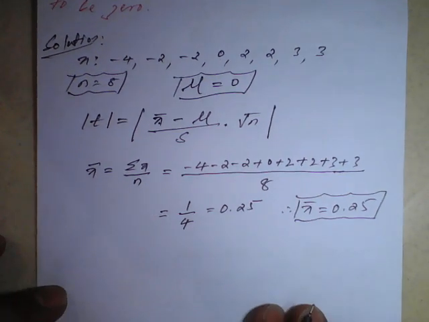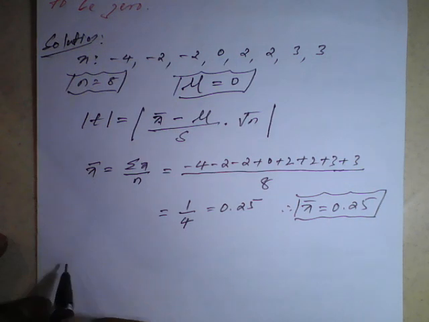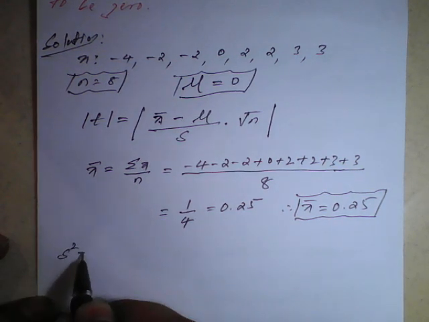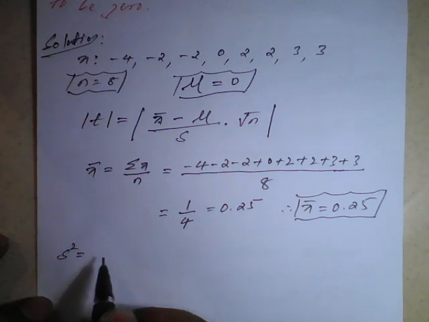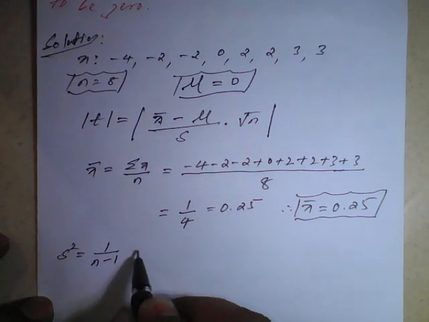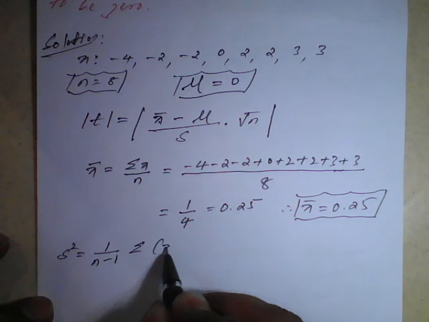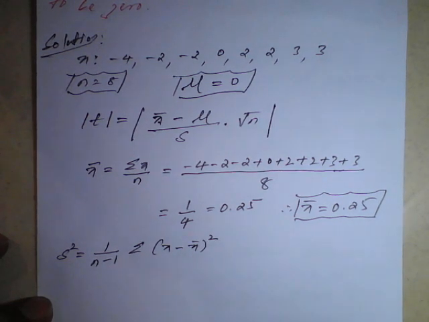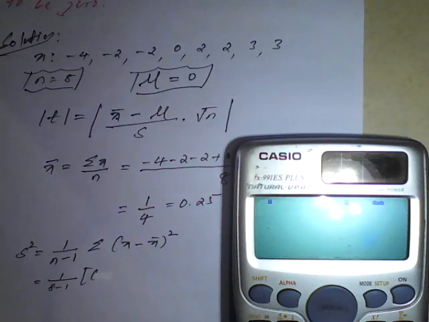Now we need to work out s, but we don't have the formula for s. S square we need to calculate. So s square we have the formula as s square is equal to 1 upon n minus 1 summation of x minus x bar whole square. So this calculation we need to do here.